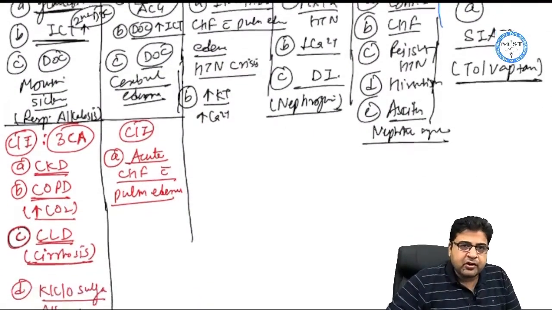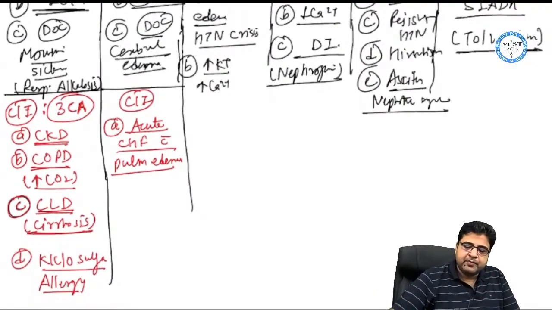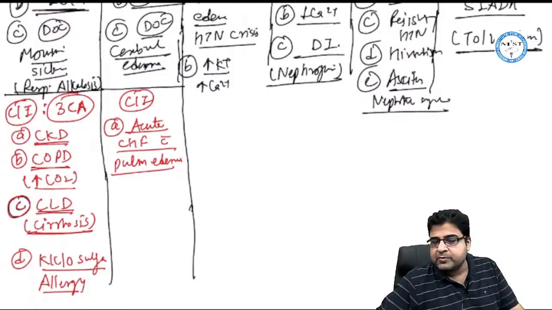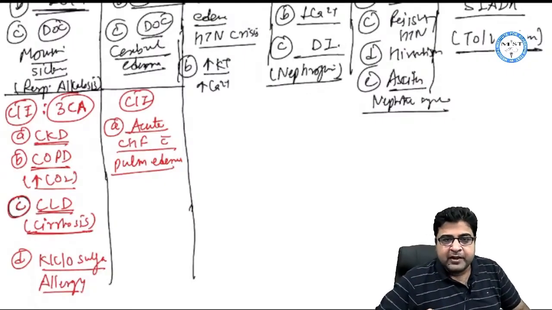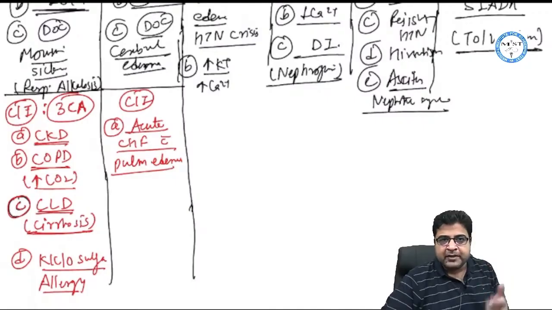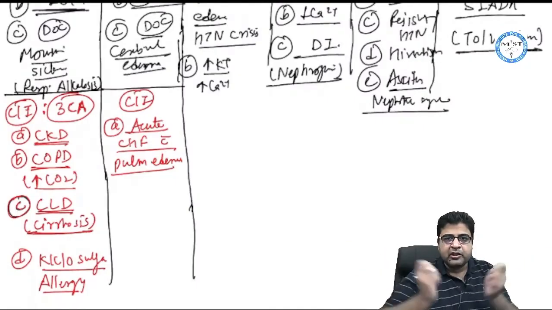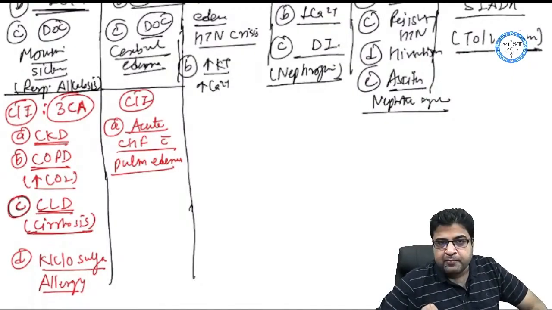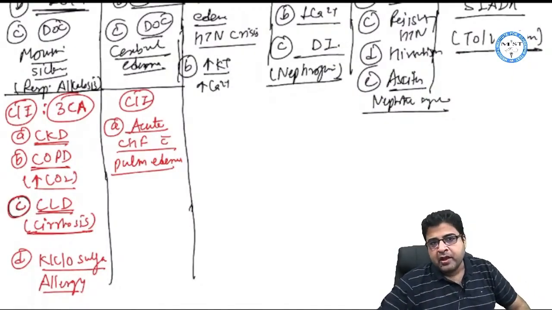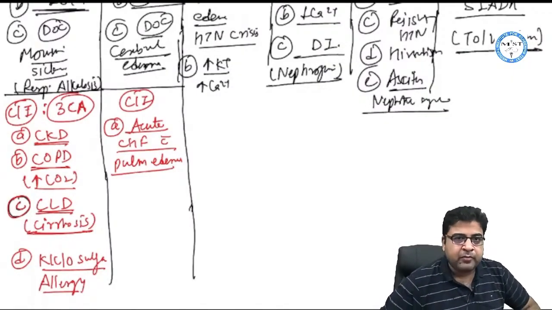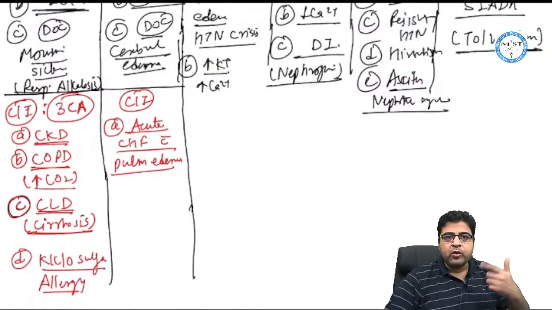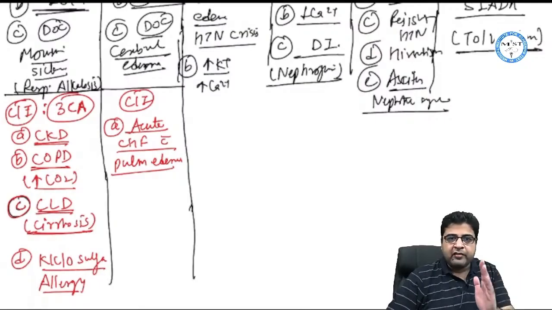Now, why is mannitol contraindicated in acute CHF with pulmonary edema? The reason is this medicine can produce the osmotic effect, and if you give the medicine by IV route, it will be present in your plasma. So this will pull the water from your organ system, and there will be more plasma volume. Already you have 5 liter plasma.